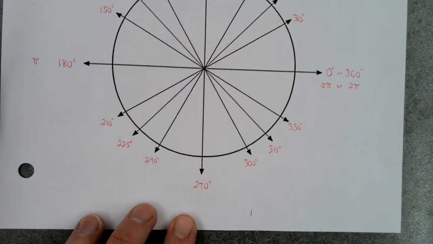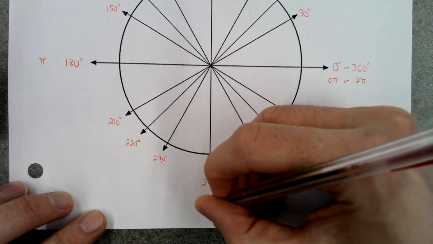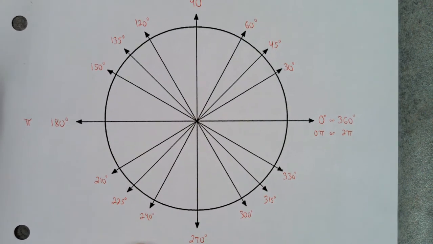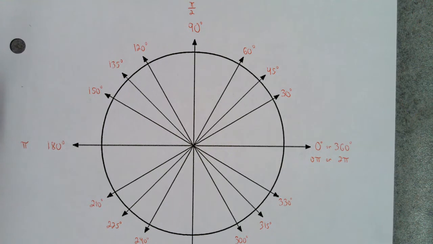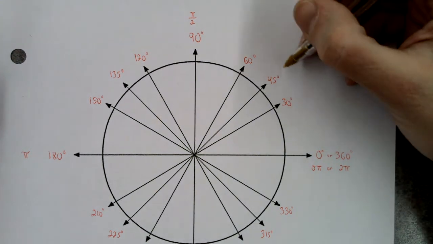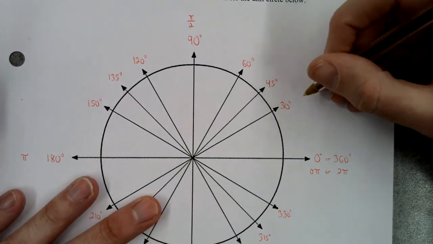This one down here was 3 pi over 2. All right, and we filled out all the other radians. Now, I went into that in great detail in the first lesson, so I won't go over it now. You can go back to unit 10, lesson 1. I went through how to get the radians, okay, and I gave you the shortcuts. So I'm just going to fill it in quickly.